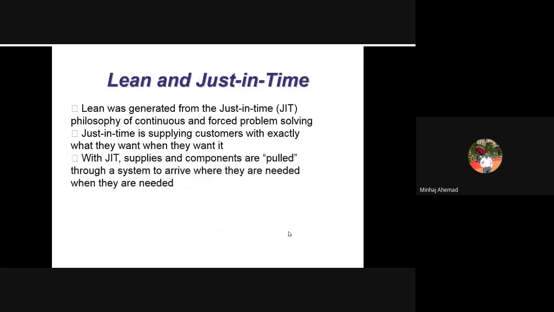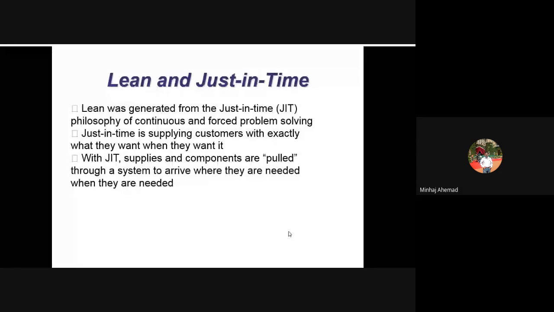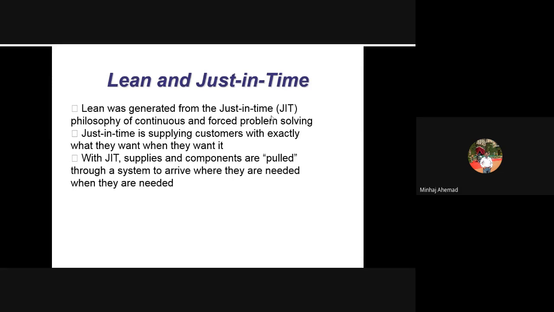So lean was generated from just in time. Just in time is another concept. It is also a Japanese concept. It says that the product, the component, the material, whatever, should arrive only when it is required. So there will be no utilization of unnecessary space, money or investment.